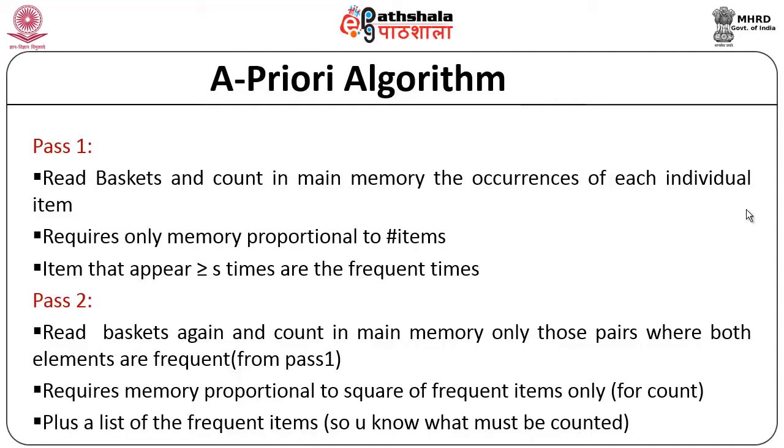Now this requires memory which is proportional to the square of frequent items only, for the purpose of holding just the counts. If these 2 passes happen, then you may find in pass 2 the number of items, and hence the quantum of memory which you are going to make use of, will be less when compared with pass 1.